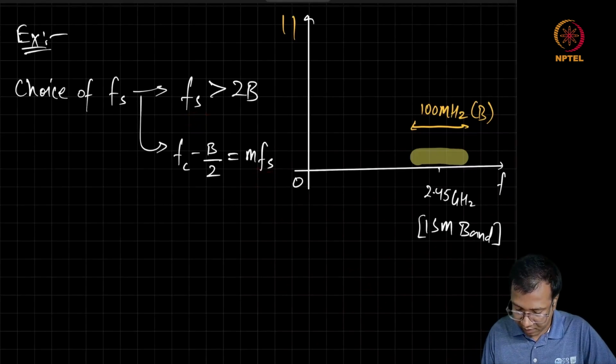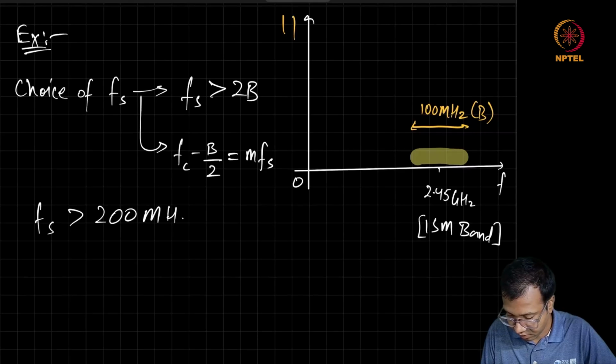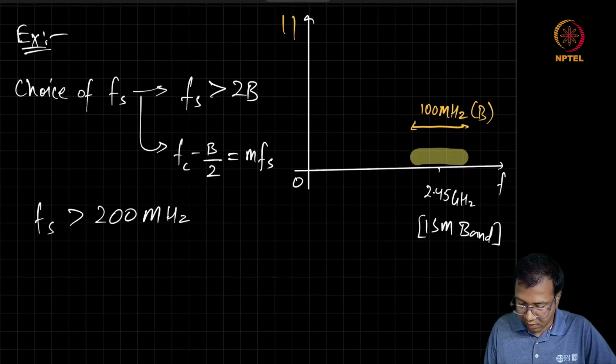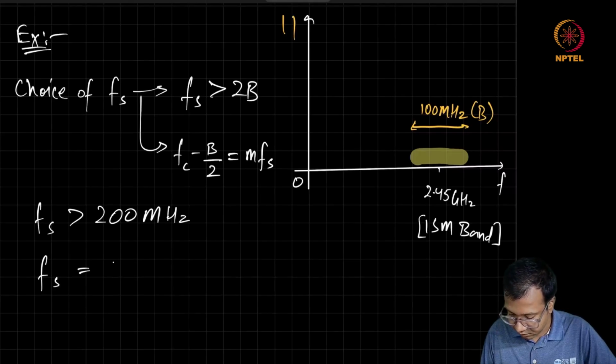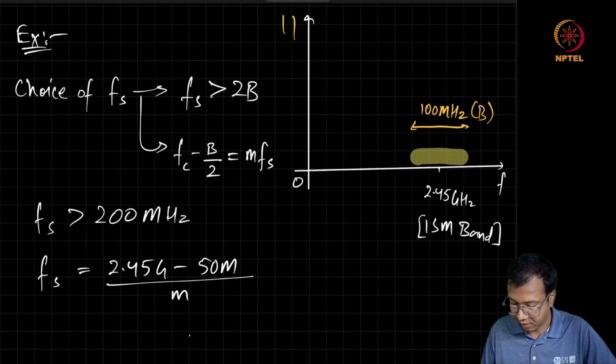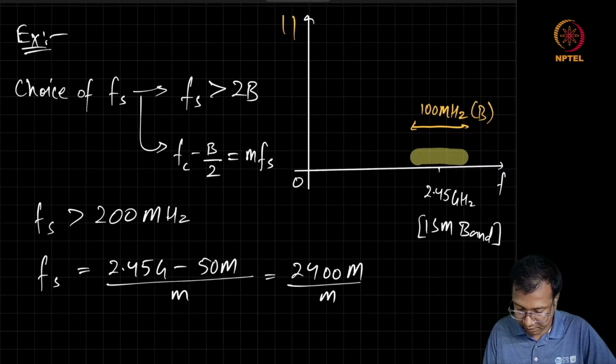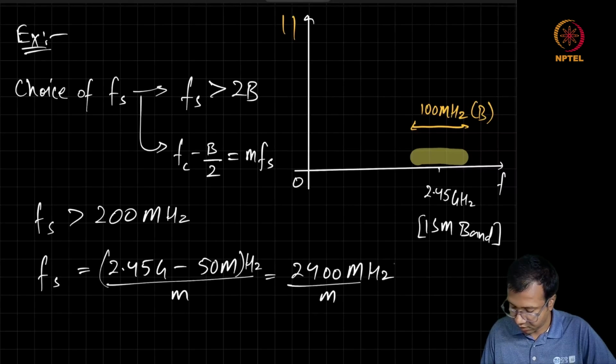For our example, we can easily see that our bandwidth is 100 megahertz, so Fs should be greater than 200 megahertz, as well as Fs should be equal to 2.45 giga minus 50 mega, divided by some integer m, which is in megahertz.